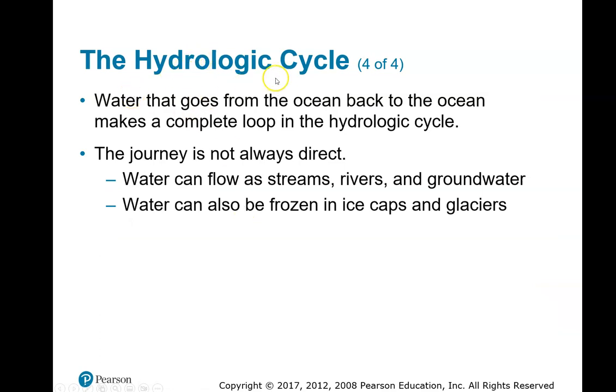So water goes from the oceans back to the ocean to make up a complete cycle. I mentioned that already. The journey is not always direct. The water can flow as streams or rivers or groundwater. It can be ice caps. It can be glaciers, and as we just saw in that table from our textbook, these can vary greatly in the amount of time that certain water in a certain glacier, on average, will stay there.